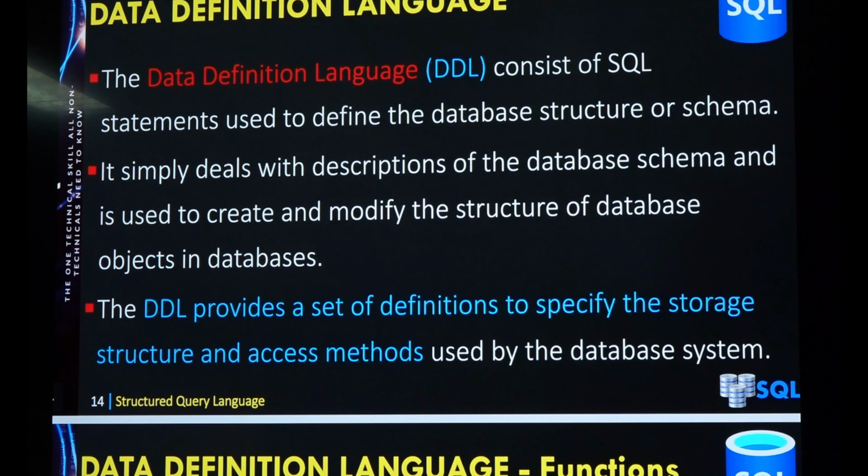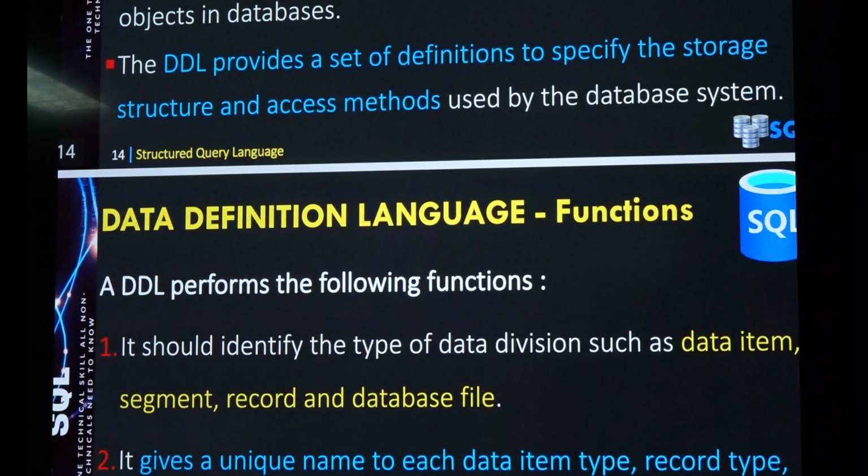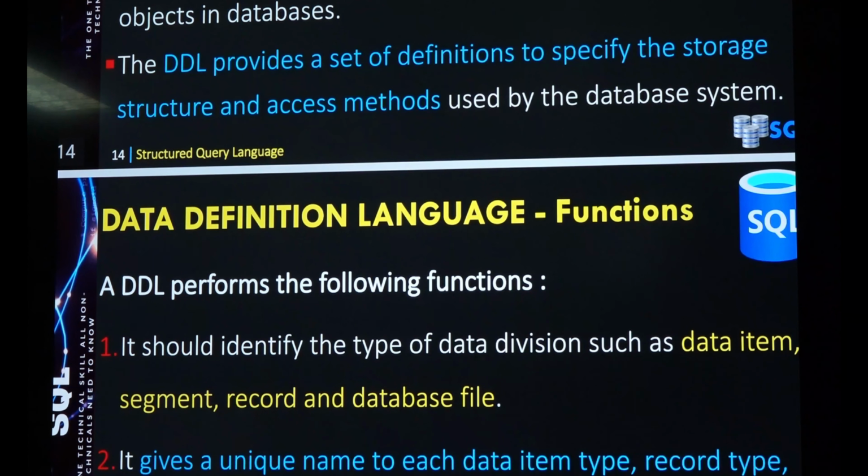Next, DDL provides a set of definitions to specify the storage structure and access methods used by the database system. Here DDL performs the following functions. What are the functions performed by DDL? We may be asked this as a 2 mark or 3 mark question.